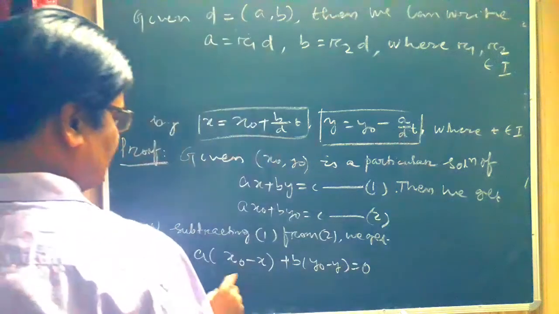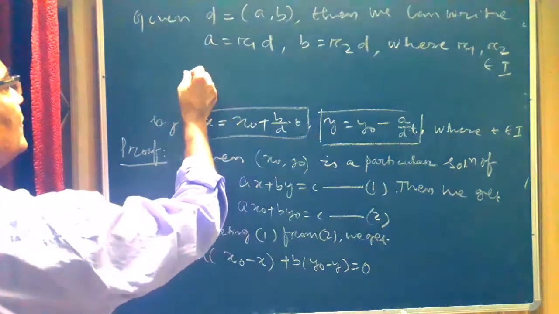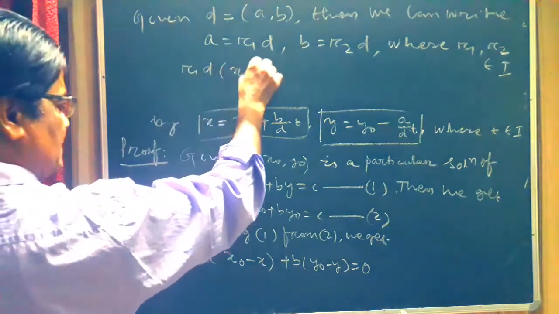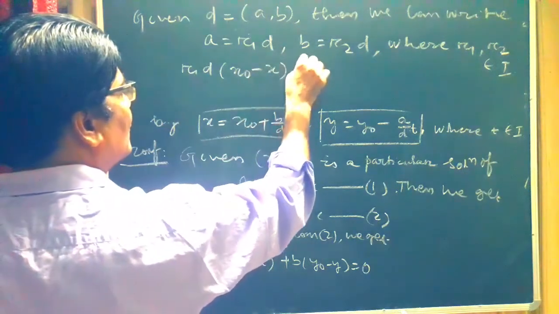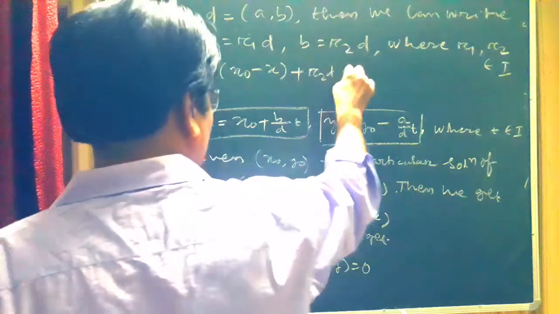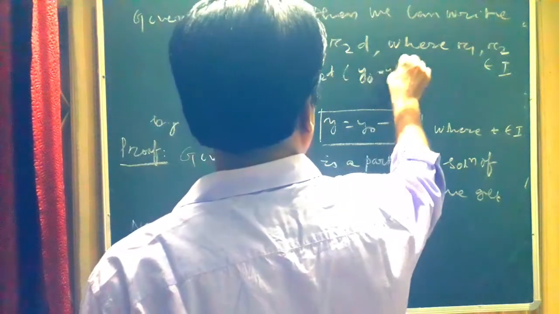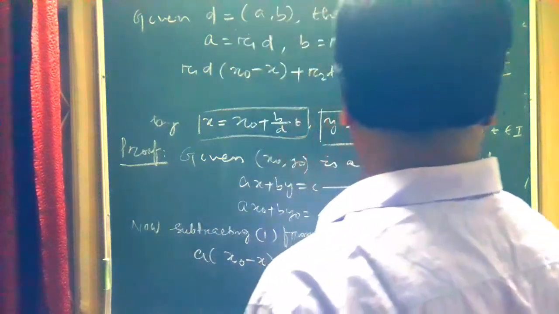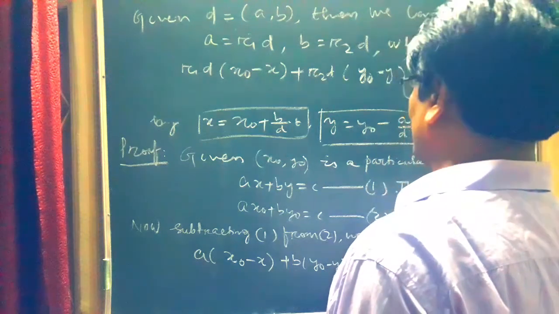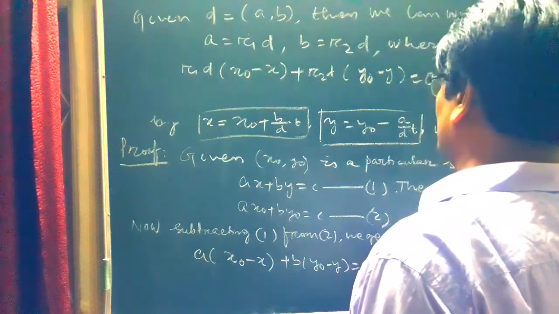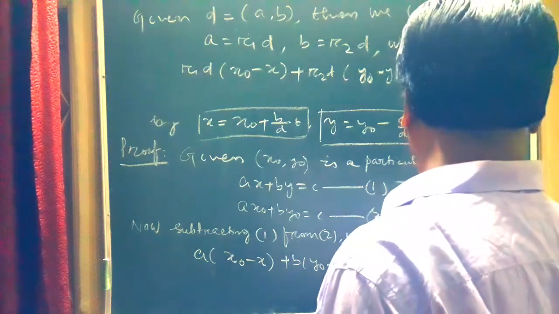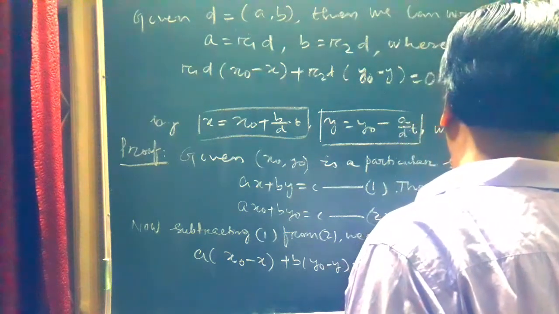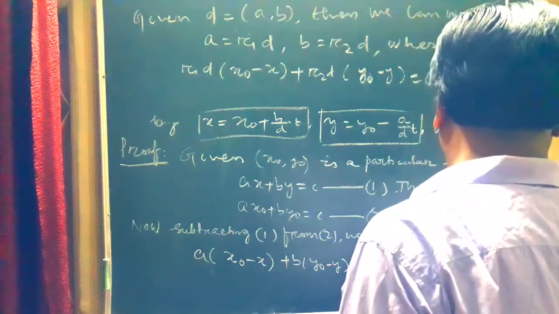Now this equation can be written, putting this value, as r1d(x0 - x) + r2d(y0 - y) = 0. So we have to establish x = x0 + (b/d)t, y = y0 - (a/d)t.